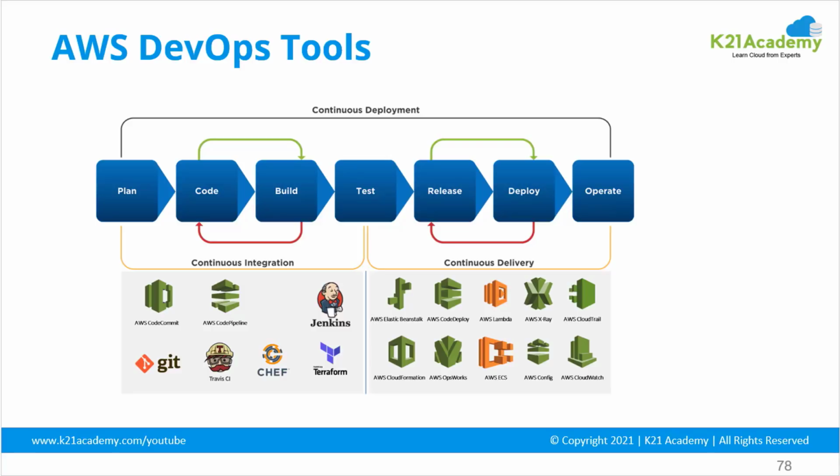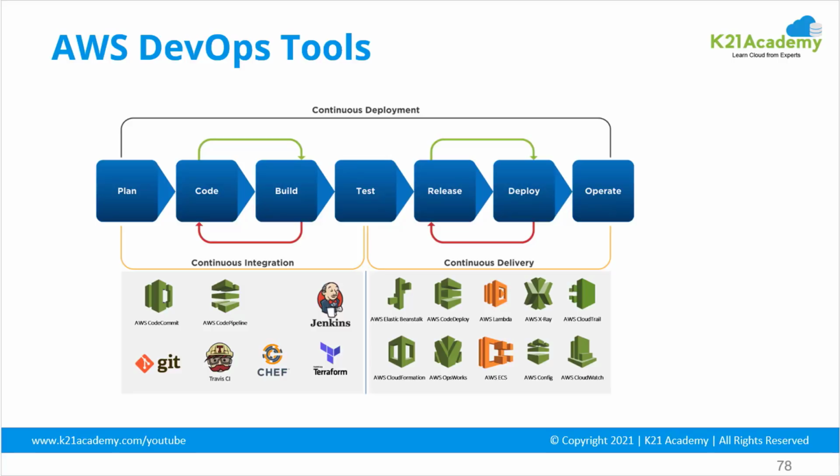Then you have Jenkins or Travis for continuous integration and continuous delivery. There you can use AWS CodePipeline. We'll see that in a minute. Or you can build your service using Chef or Terraform, which we looked at when we were looking at configuration management. And something similar in AWS Cloud for deployment and configuration management, you can have CloudFormation.